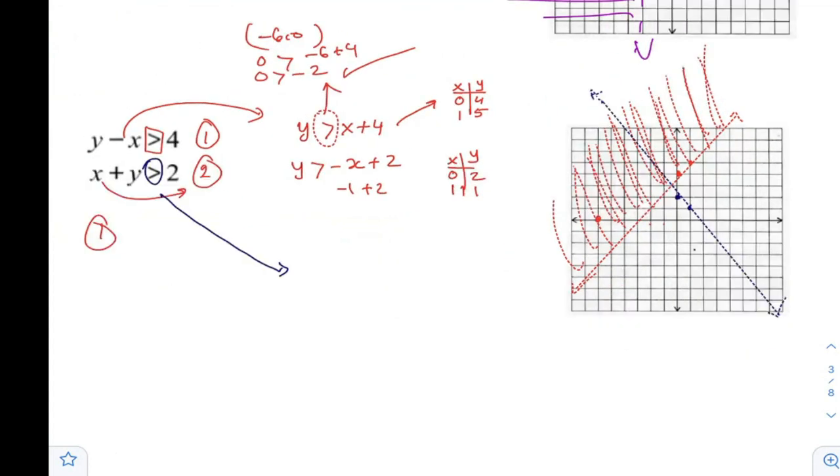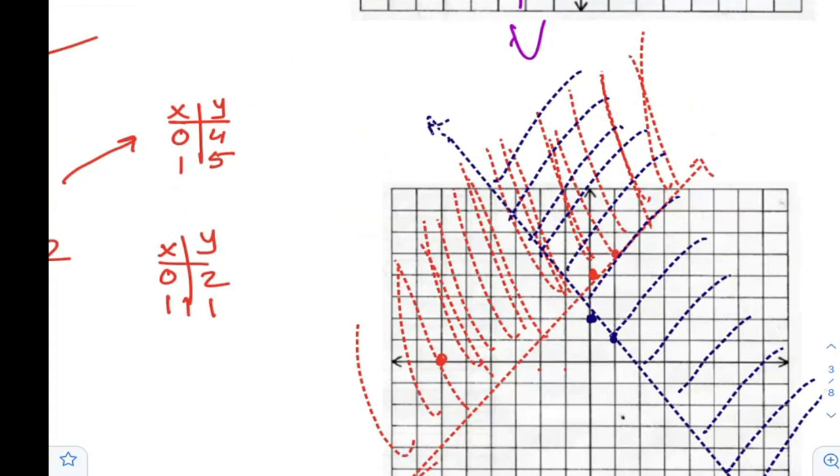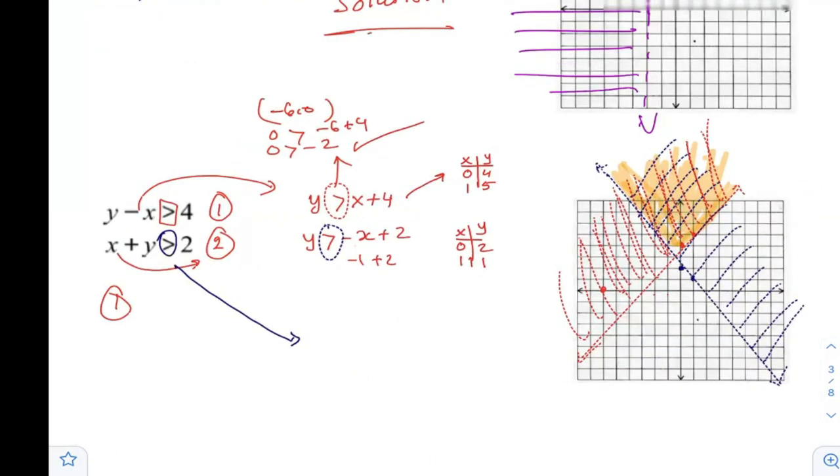Shading is above. So the shading is here. It's very clear that the solution is this area. Right? It includes both colors at the same time. You can also use a test point if you like this idea. Okay.